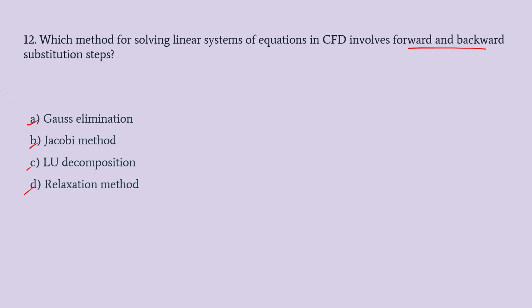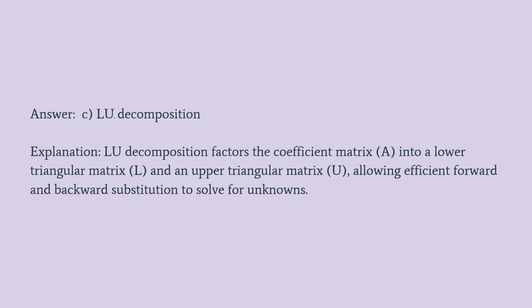Yes, you are right. Answer is option C, LU decomposition method. In LU decomposition method, I already told you we will be writing the system of linear equations as Ax is equal to B, where A is the coefficient matrix. This coefficient matrix is written as A is equal to L into U, where L is the lower triangular matrix and U is the upper triangular matrix.